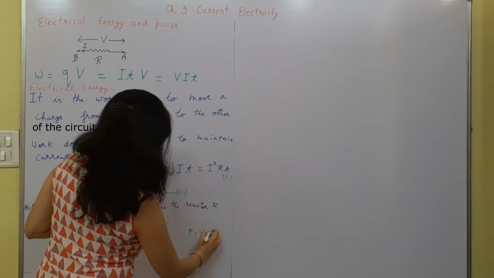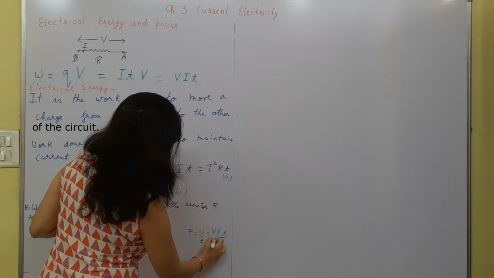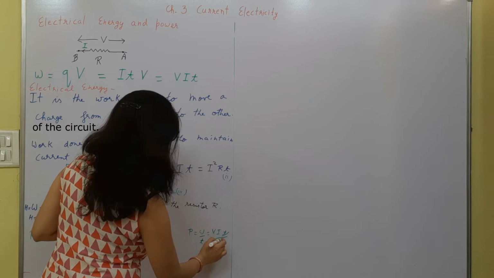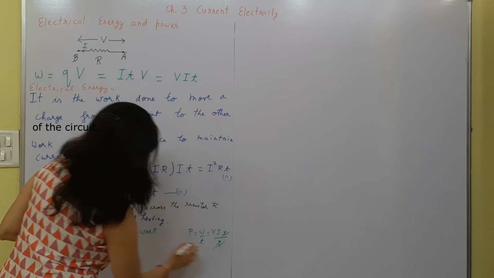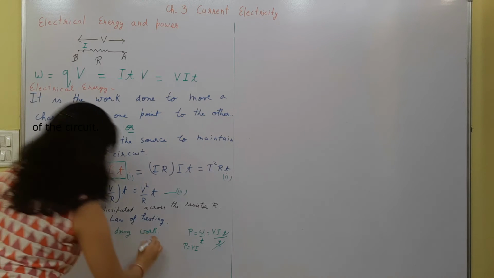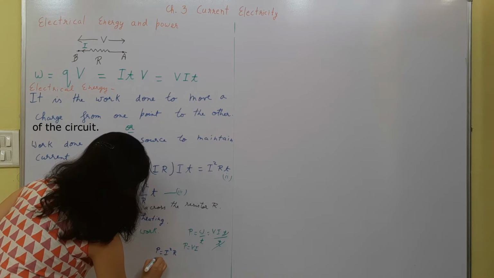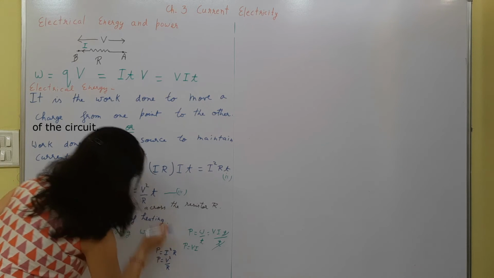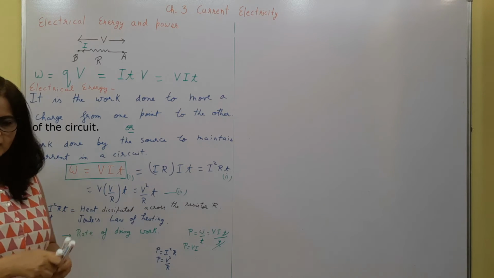So this will give me VI into T upon T. So this gives me VI. This is one formula. Similarly, we can have other formulas also. Power is equal to I square R and power is equal to V square upon R. These are three forms of the power formula.